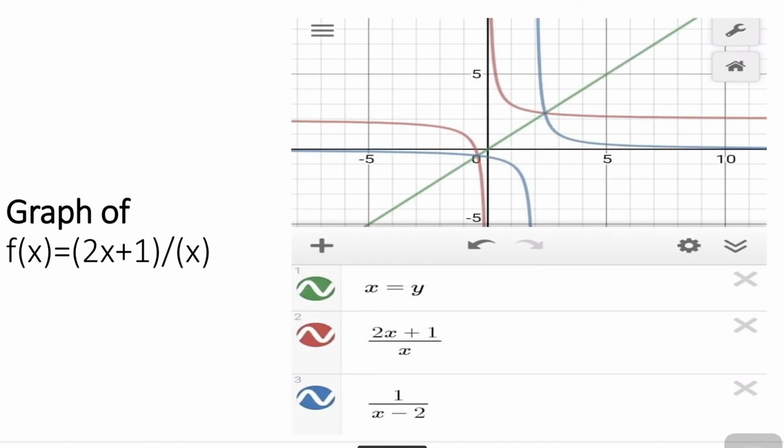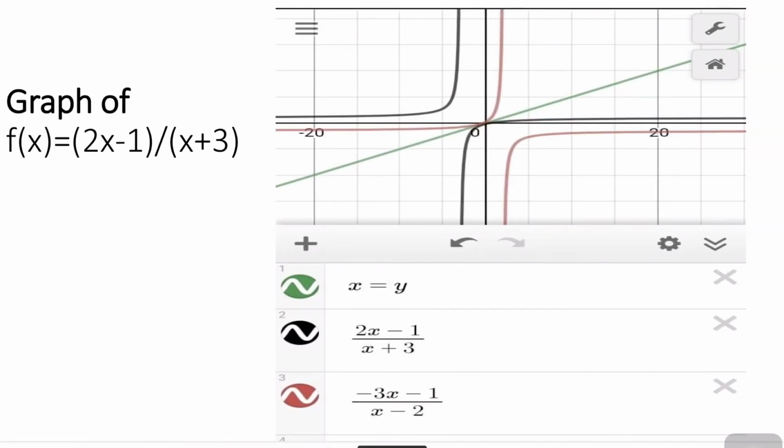And last, second to the last, x equals y. Okay, then the graph for our function is this one, the red. When you mirror it, you get the blue one. Just take the mirror. It's just a mirror. Okay, and last we have this. x equals y is our mirror.